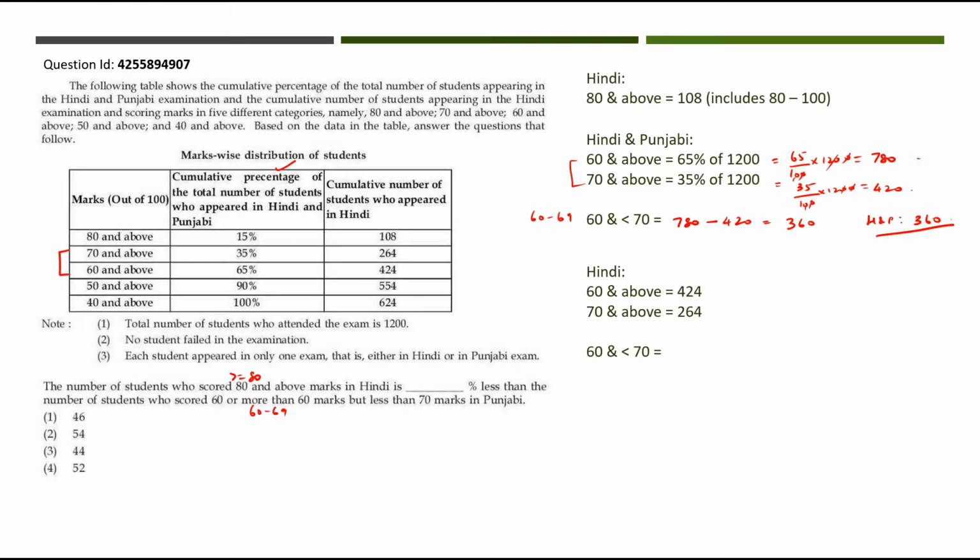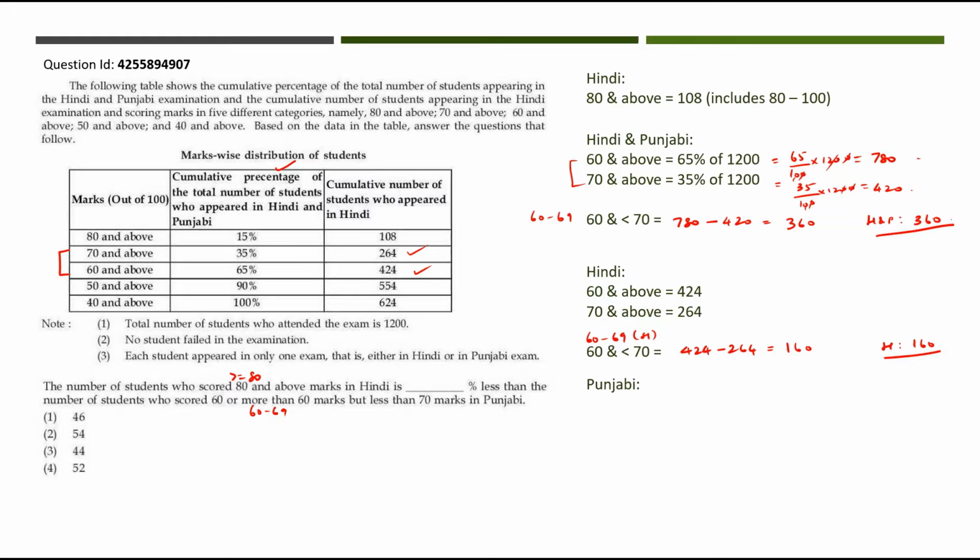So for Hindi data, we have 60 and above as 424, 70 and above as 264. So to get the range between 60 and 69 for Hindi alone, we have to find the difference between 424 and 264. This will give a value of 160. So here the Hindi value will be 160 for the same range.